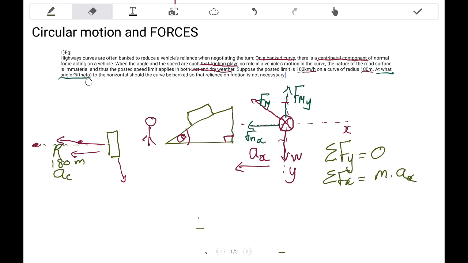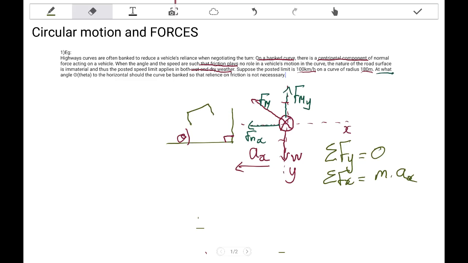Let me erase this so I can have space. Remember, I have to define this force in terms of theta. On a curve like this, if I have a point here, then I will have my normal as this. The normal makes 90 degrees with the surface, and then this is going to be my Fn of x.